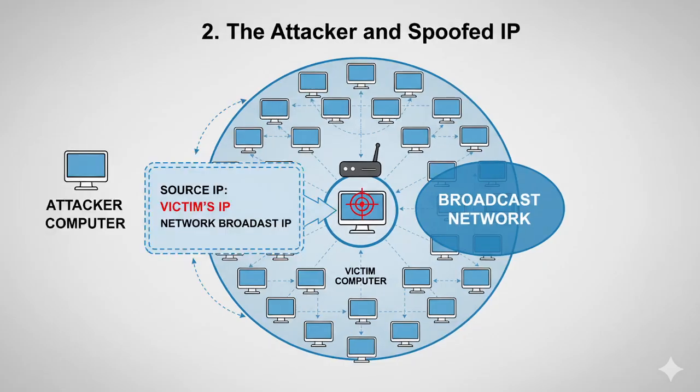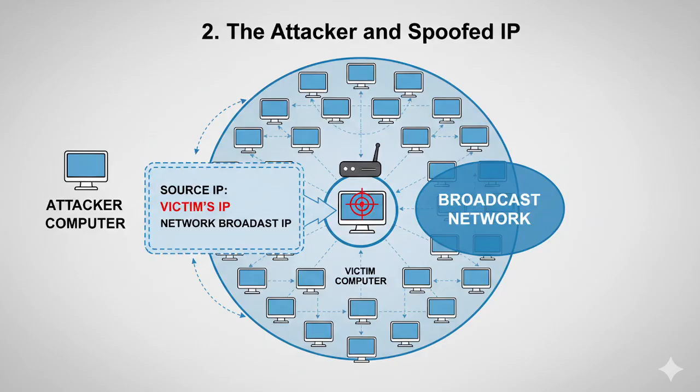Step 2, the attacker and the spoofed IP. Here is where the Smurf attack truly begins. The attacker computer sends a malicious ICMP echo request. The crucial part here is the source IP. Instead of using its own IP, the attacker spoofs it to be the victim's IP.